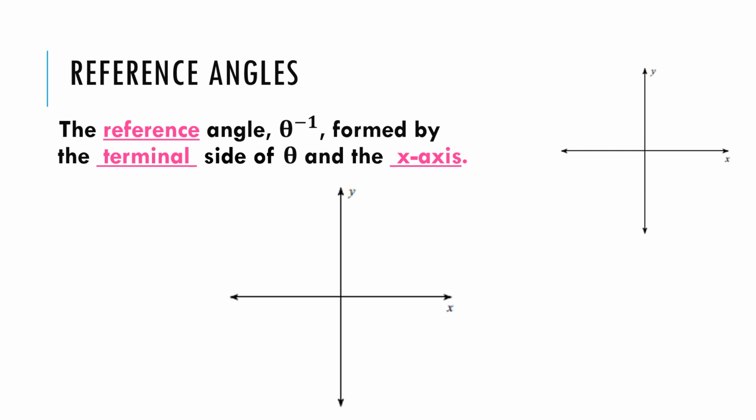Reference angles. Reference angles are created by the terminal side, the ending side, of your original angle, theta, and the x-axis. So a couple of things that I always want you to remember about reference angles. Number one, they are the distance that you travel from the x-axis.